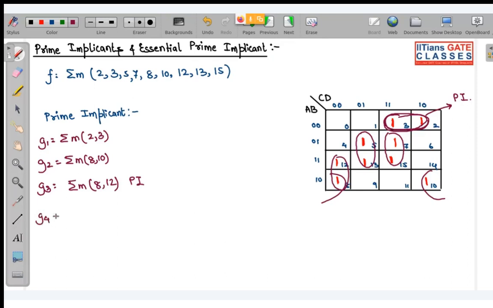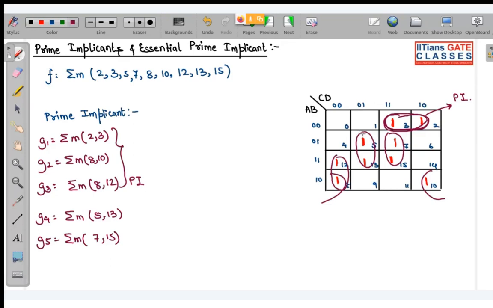But now let me ask you, is this group a prime implicant? Up to this point, all of them are prime implicants. But this G4, G5, it is not a prime implicant. Why? Here I have made one implicant. G4, G5 are basically implicants of this F, but they are not prime implicants.